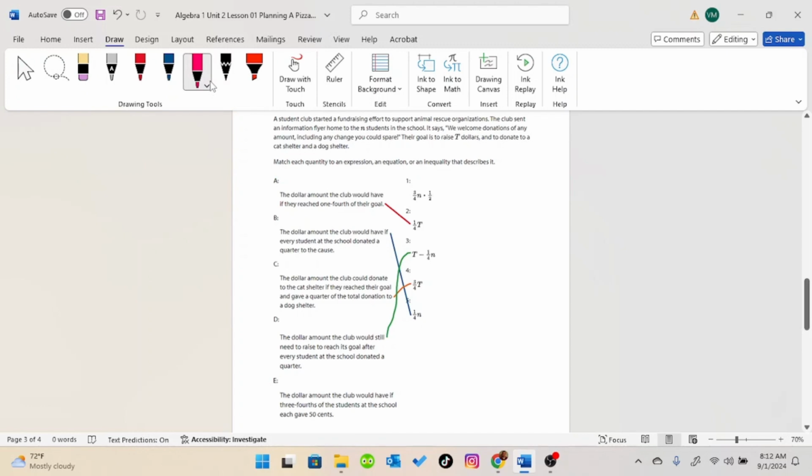And finally, description E, the dollar amount the club would have if 3/4 of the students at the school gave 50 cents. This matches expression 1, which takes 3/4, multiplies it by the number of students, and then multiplies that by 1/2, which is the equivalent of 50 cents.